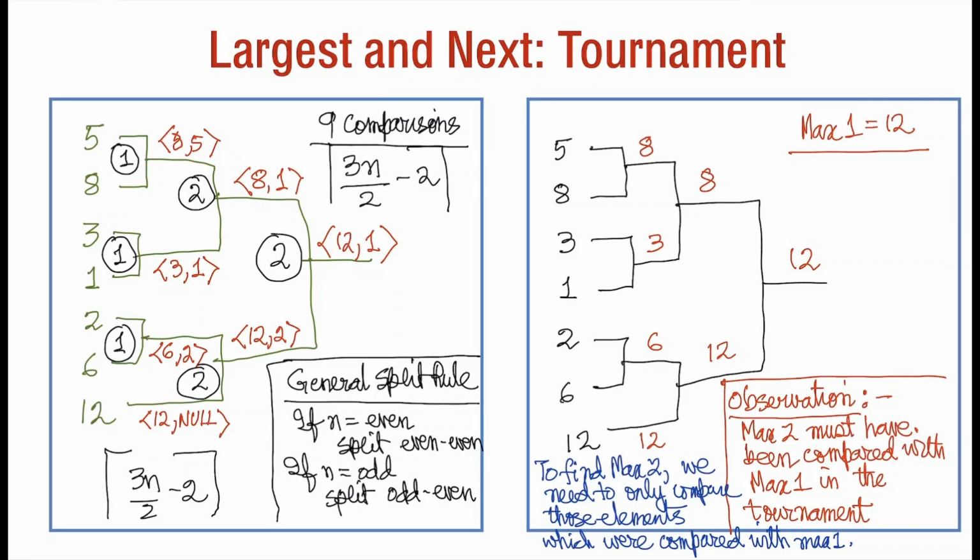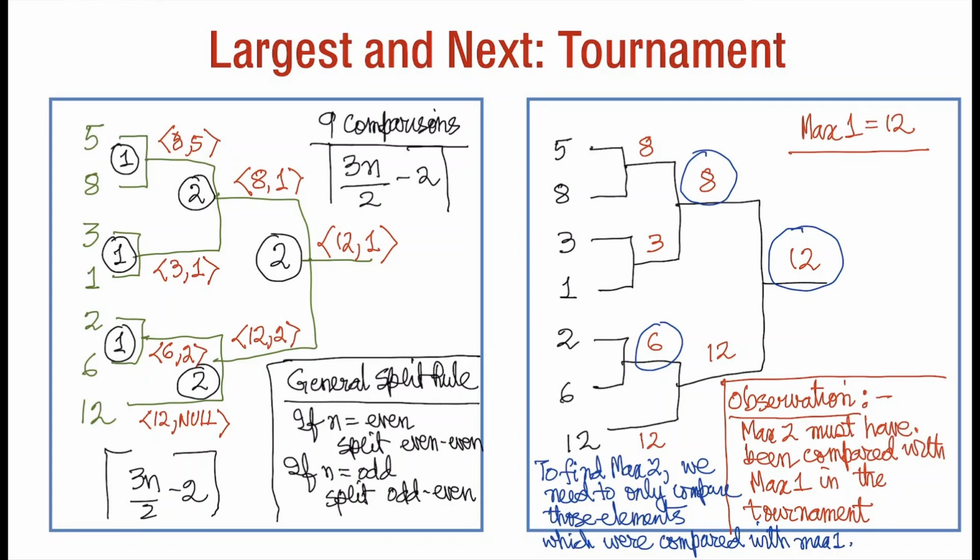This is a critical observation, which means who were compared with max 1? Max 1 is 12. So 8 was compared with max 1, 6 was compared with max 1. And nobody else was compared with max 1. And of those who were compared with max 1, the largest of the two will be max 2. So we now don't need to compare various other elements.